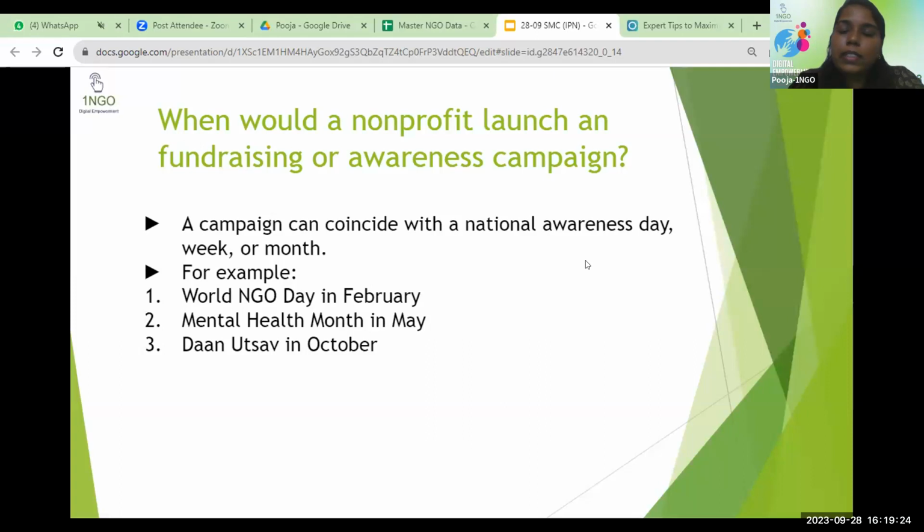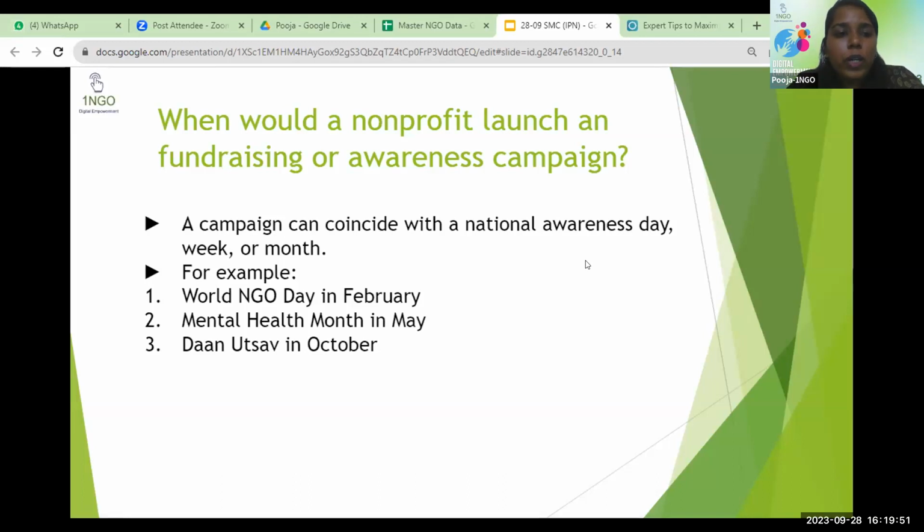Why do we celebrate World NGO Day? It is to recognize, celebrate, and honor non-profit organizations and the people behind them, and show their work. What are they doing? How are they contributing to society? This is an opportunity to reflect on the hard work and selfless service these people are doing.